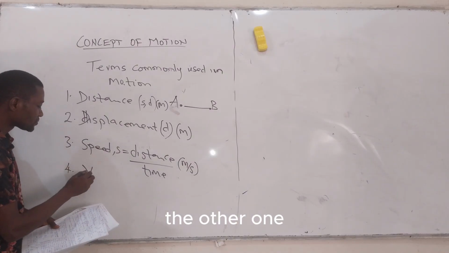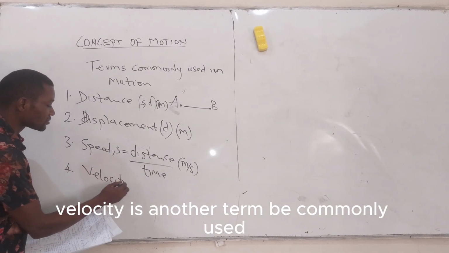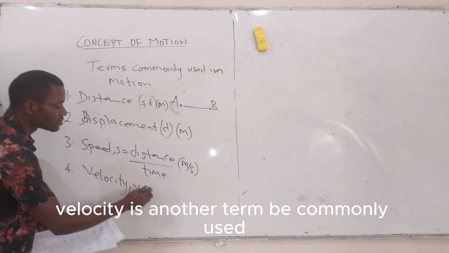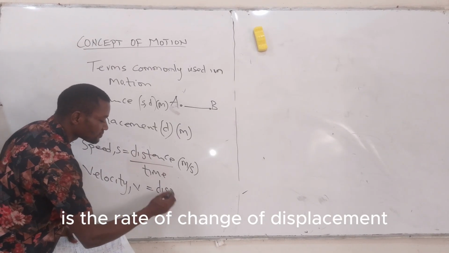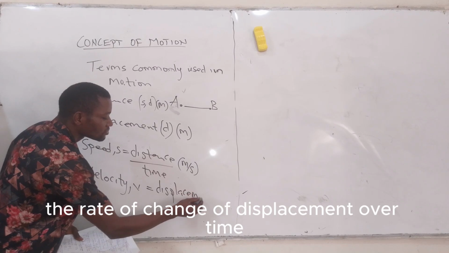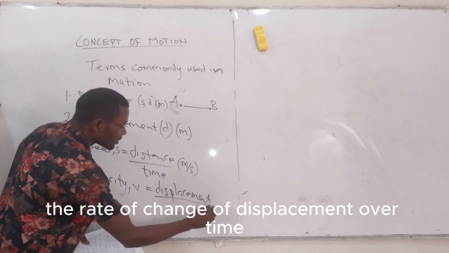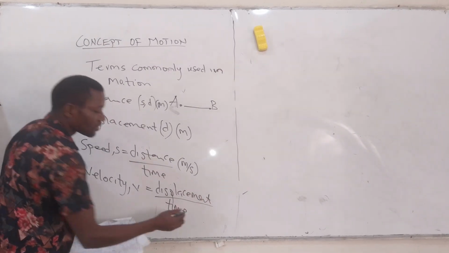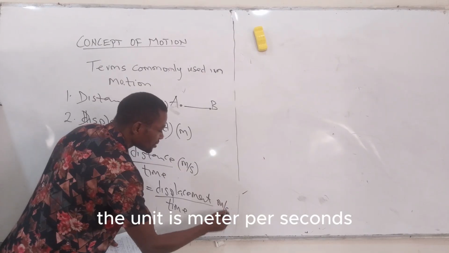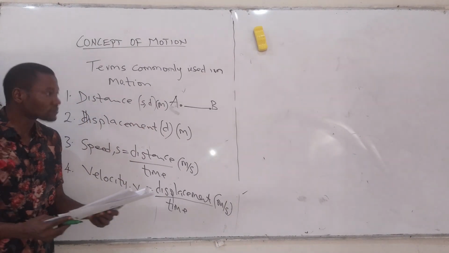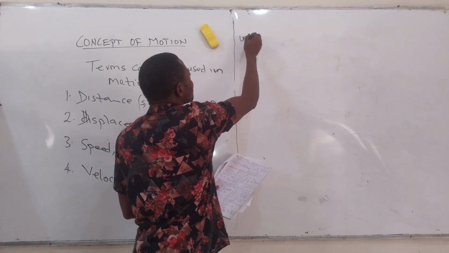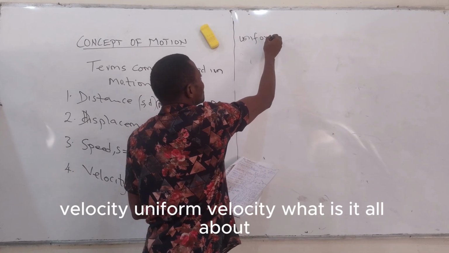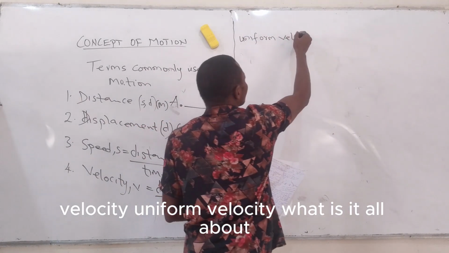Okay, the other one, velocity, is another term we commonly use. And what is velocity? It's the rate of change of displacement over time. The unit is meter per second. Okay, we have uniform velocity.